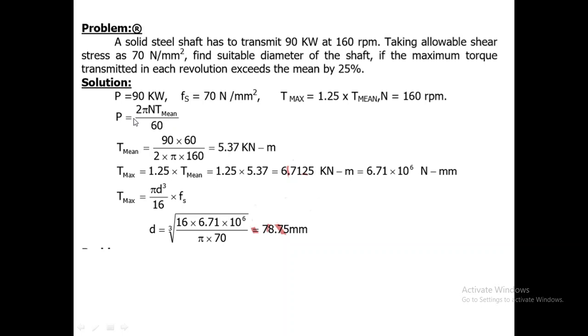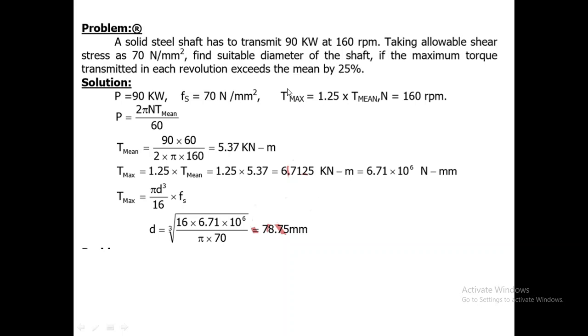So here in the power equation we calculate the torque, and it is taken as T mean, the average torque. It is given in the problem that the maximum torque should not exceed the mean torque by 25%. In the power equation, the torque taken is the mean torque.